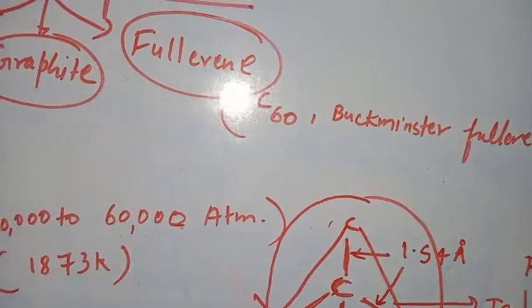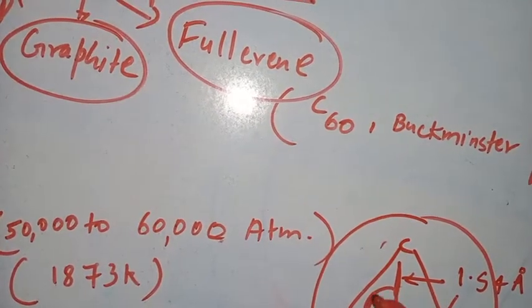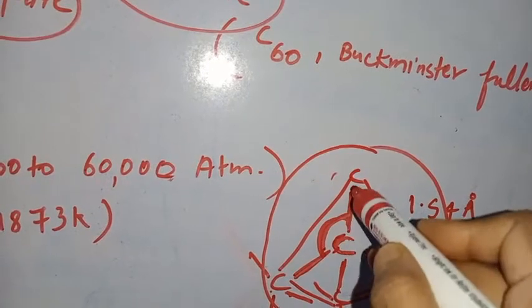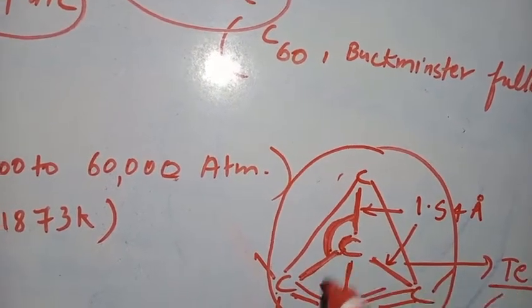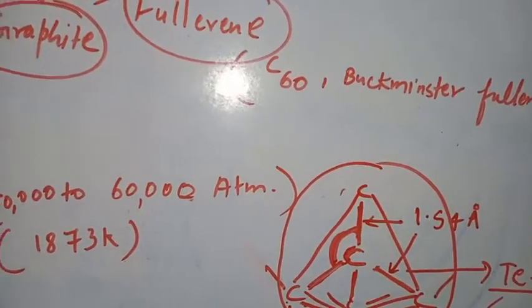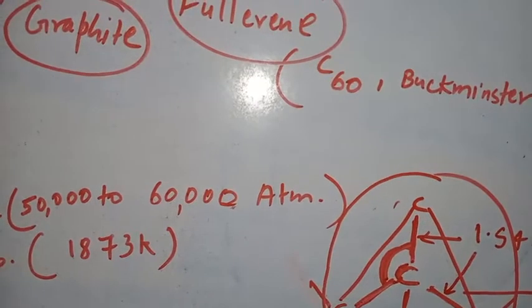Understood? Now what is the bond angle? This is called the bond angle. What is the bond angle between the two covalent bonds in diamond?